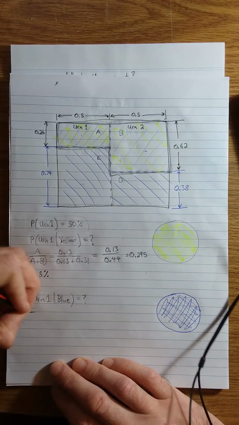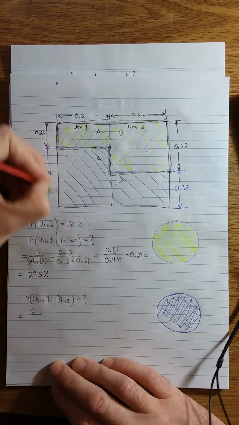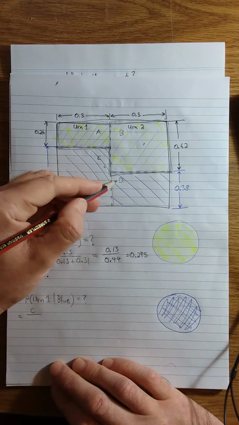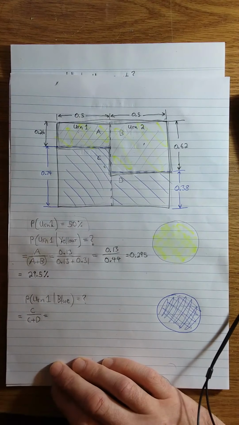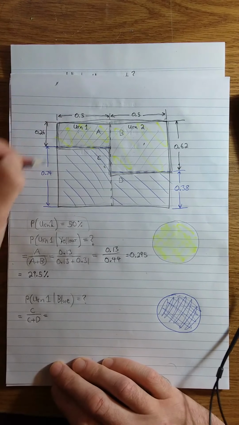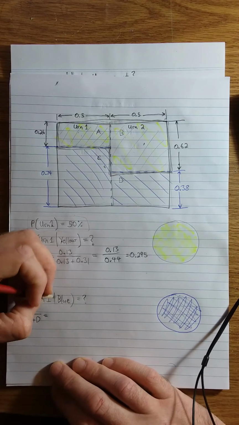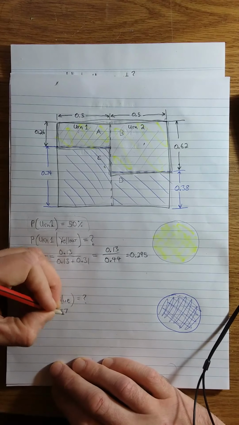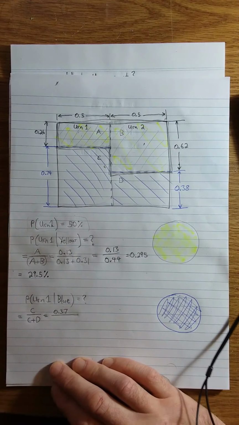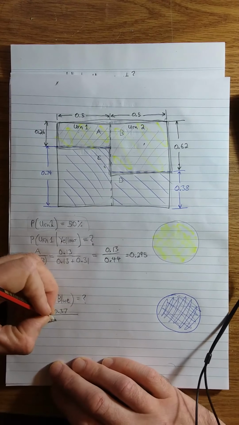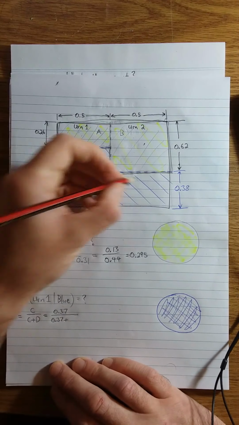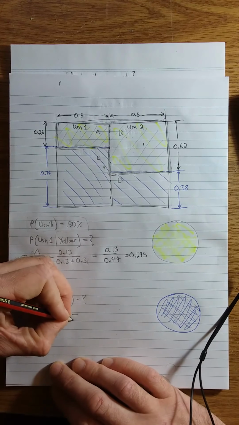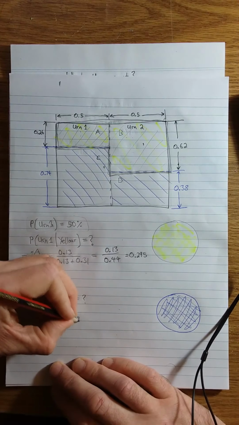So that is C over the universe, the possible universe that we could be in, which is C plus D. So we have 0.5 times 0.74, which is 0.37. Obviously use a calculator if you need to. 0.37 plus D, which is 0.19.